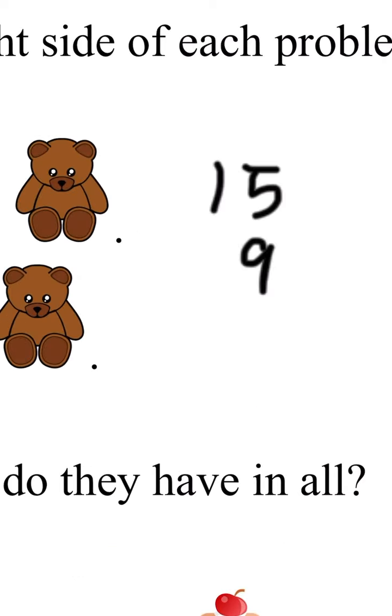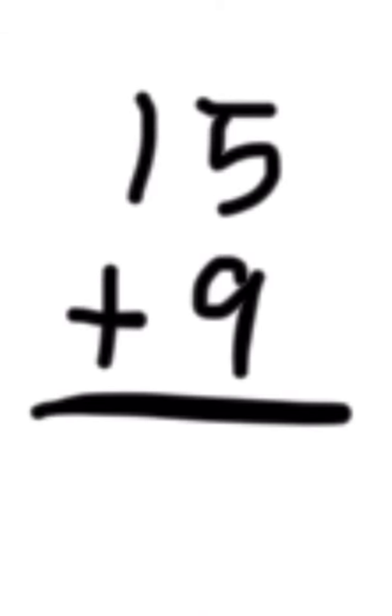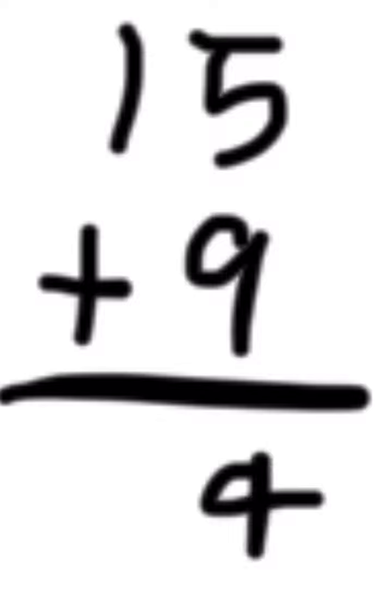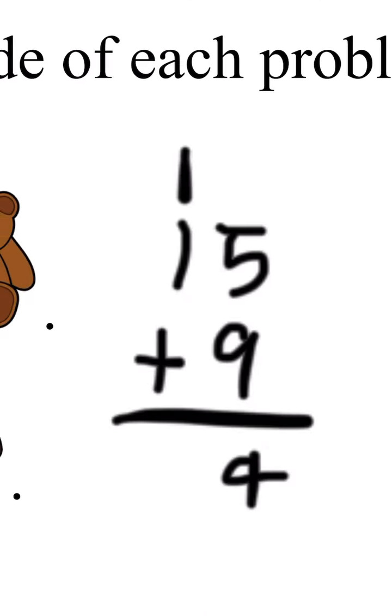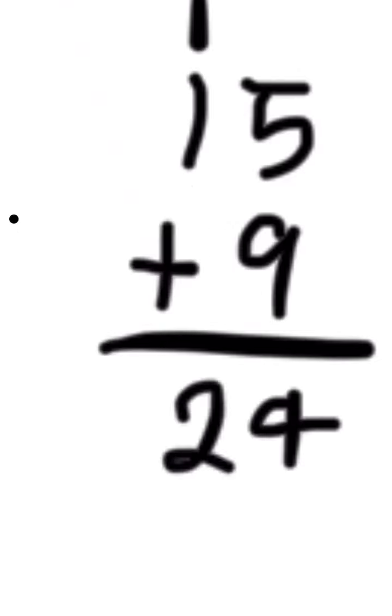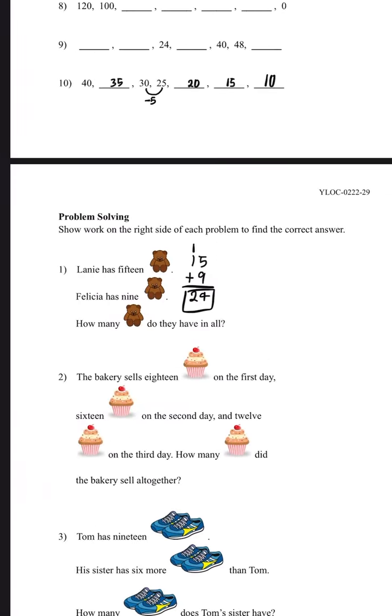And to find the total number, we need to add these. So 5 plus 9 is 14, and we need to write 4 on the bottom and 1 on the top because 1 is on the tens place. So 1 plus 1 is 2, and 24 is the answer for number 1.